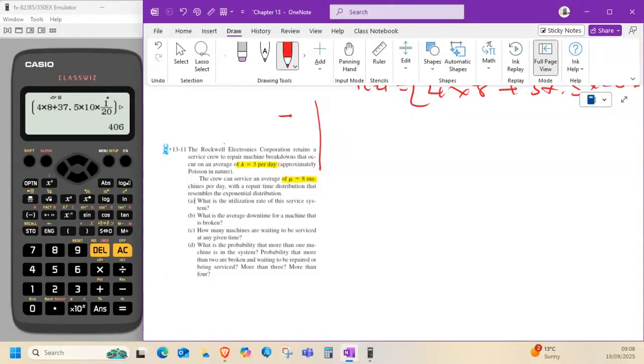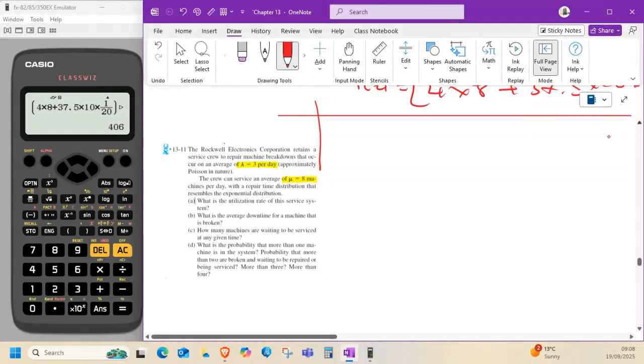Okay. So now A is the probability of that over that, which is equal to, oh no, 3/8.